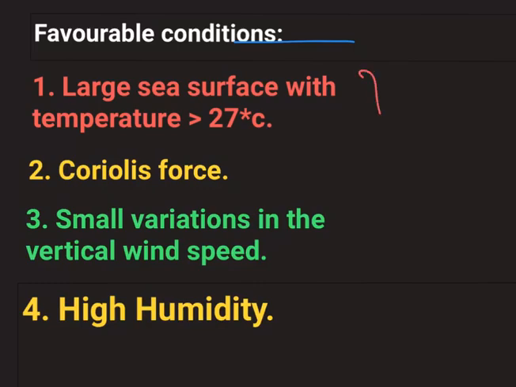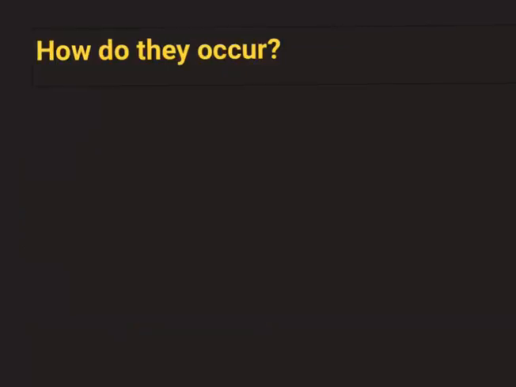Now please note, these are some of the important favorable conditions required for the formation of a cyclone. Apart from this, there are many other factors like the presence of a pre-existing disturbance or the presence of ITCZ, etc. So now the most important question we have is, how are cyclones formed?